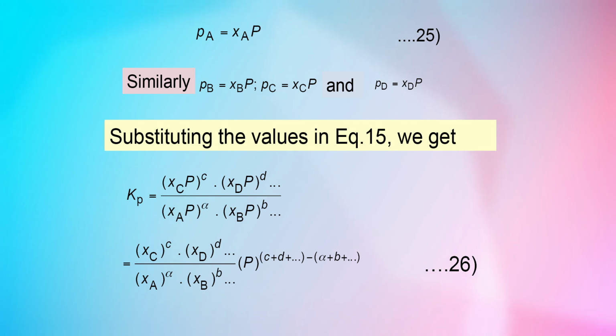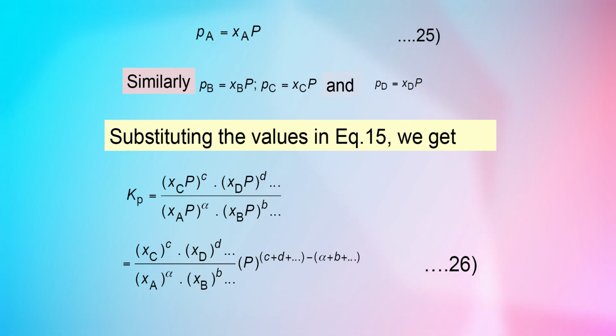So, if we take on one side all the mole fraction values and keep on one side the terms involving total pressure, we get this equation 26, where the right hand side part is nothing else but the equilibrium constant in terms of mole fraction, and then P raised to the power C plus D minus alpha plus beta, which is nothing else but delta N, as we did in the previous relationship.